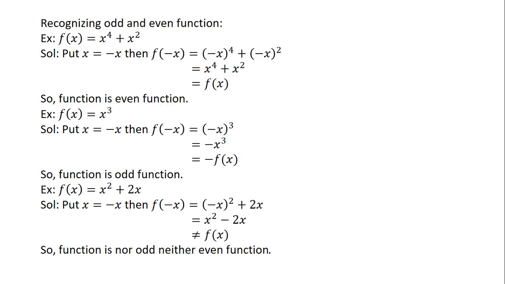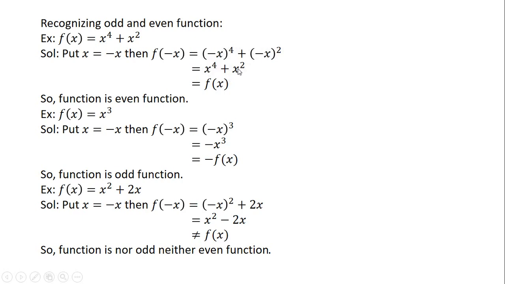We put here f of x becomes f of minus x, minus x power 4 plus minus x squared. Power is 4, so minus 4 times becomes positive, 2 times minus becomes positive.